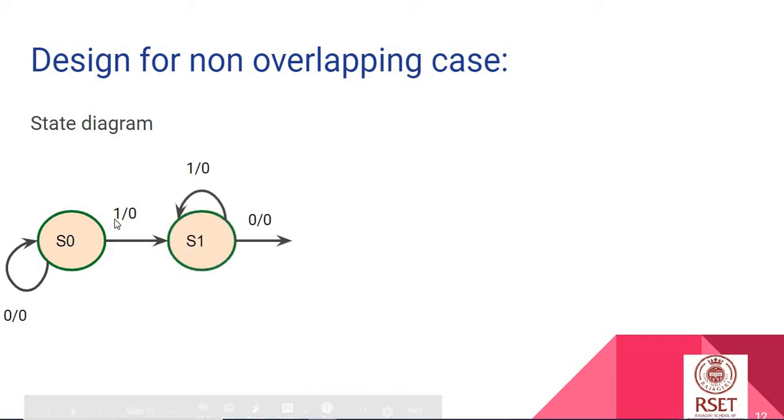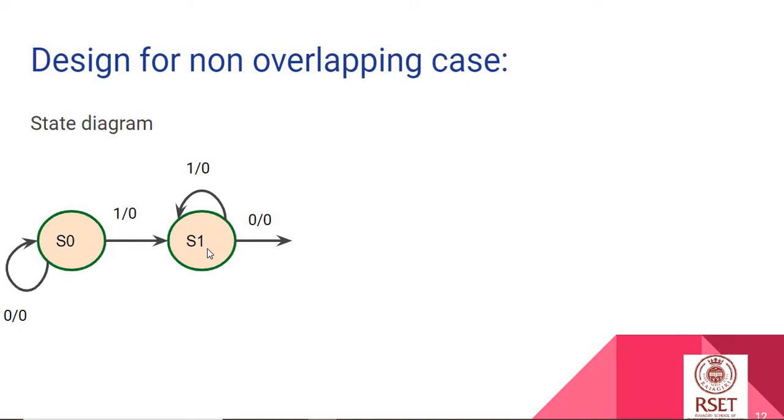Once I obtained 1, I go to the state S1 where I have 1 in my hand. When I am having 1, if I get a 1 again, my output is 0 and I will still be in state S1, because if I have to move to the next state of my sequence, I need 1, 0. If it is 1 and 1, I reach the same state again. I'm still with 1 in my hand.